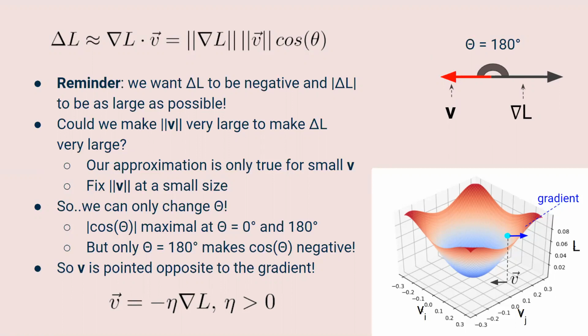And so this is why we want to always move in the direction of the negative gradient. You can also think of it as minimizing, getting the lowest possible number, very negative, for our loss function.